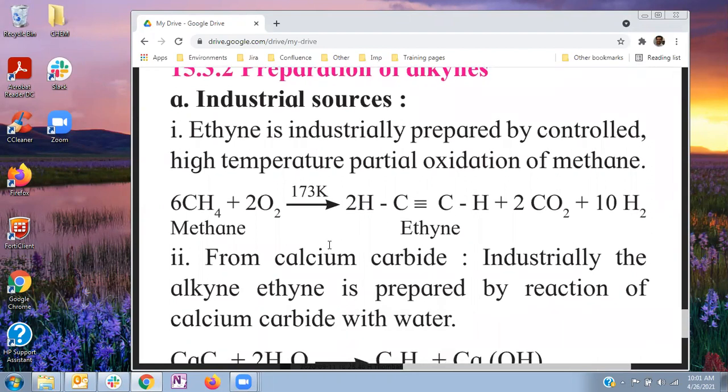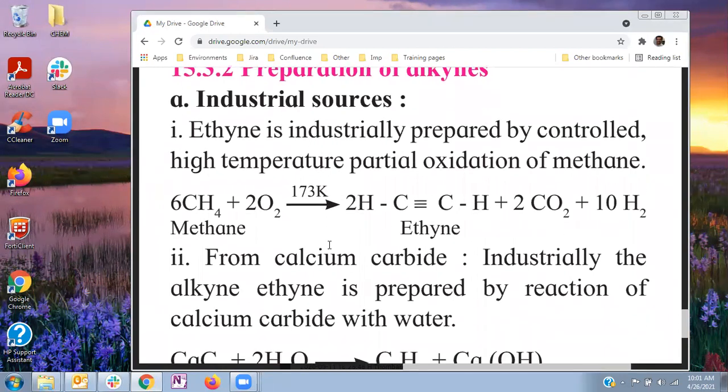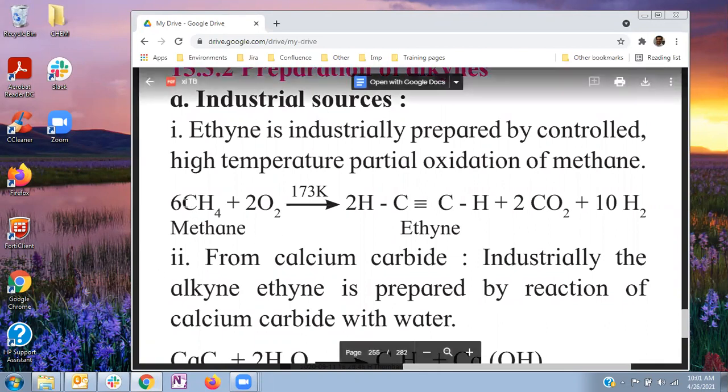There are two types of preparation methods for alkynes. One is industrial sources. Ethyne is industrially prepared by controlled high temperature and partial oxidation of methane. Methane is CH4.